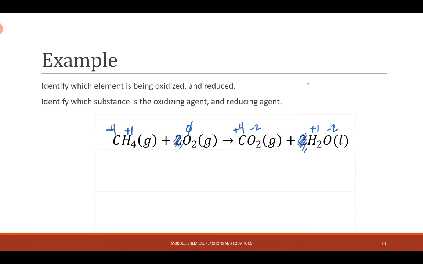So now we can look to see what has changed. Oxygen goes from being 0 to being 2- in each compound, and so oxygen is being reduced.